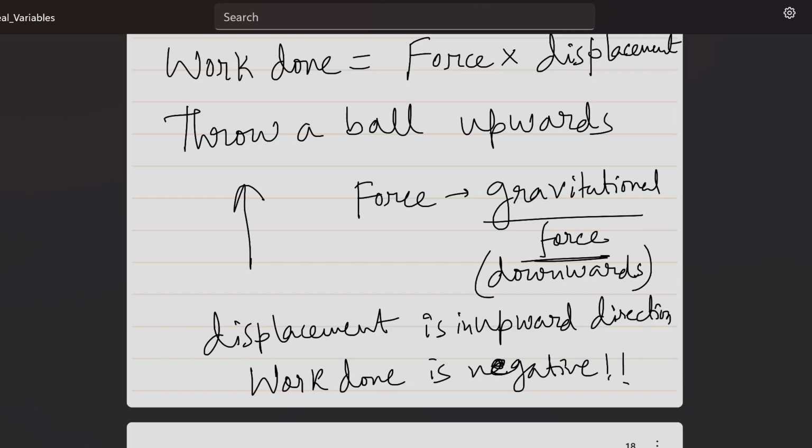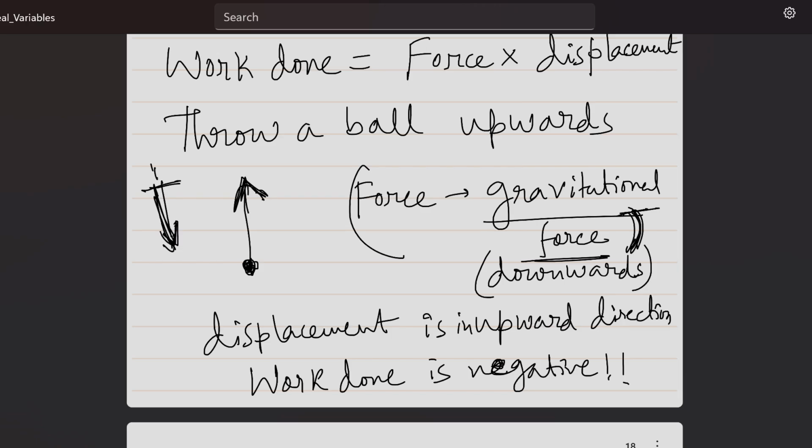Okay, I am saying that gravitational force is a force. It is a vector. It has some direction and magnitude. It is downwards, but the displacement of this ball is upward. Displacement means it is increasing in the upward direction, right? Suppose you are throwing the ball from your terrace, and you are throwing it down, then everything is in the downward direction, so your work done is positive.